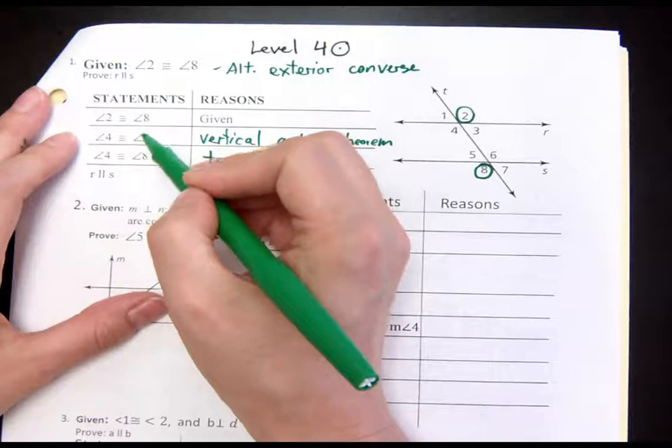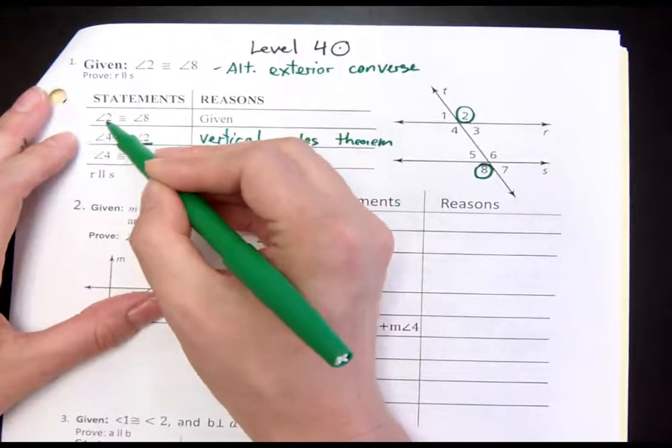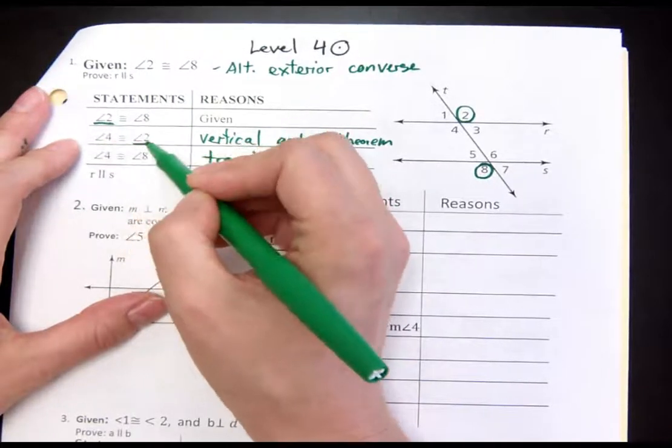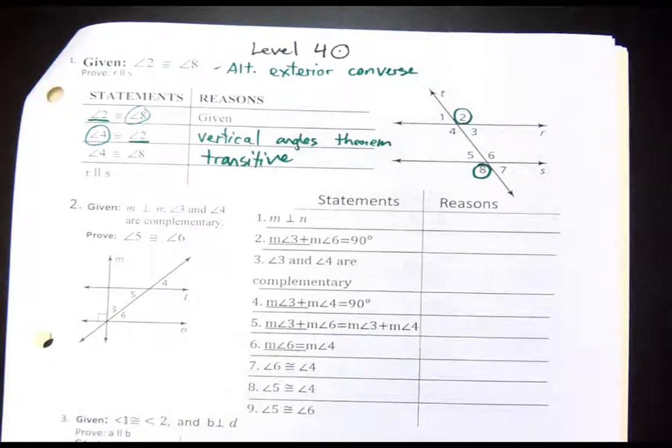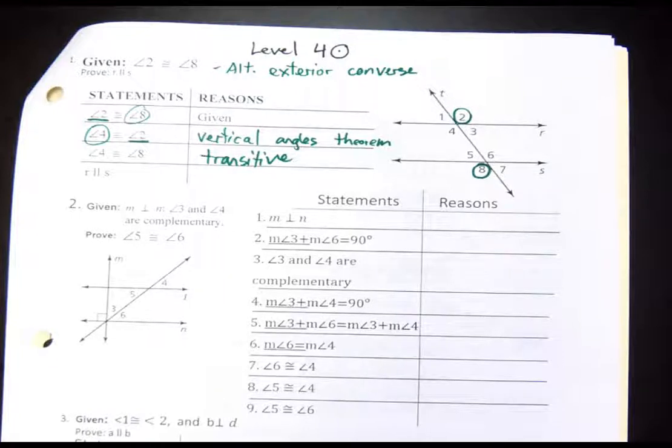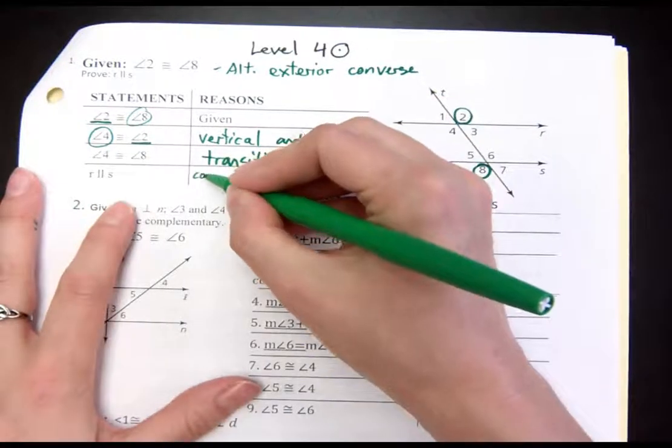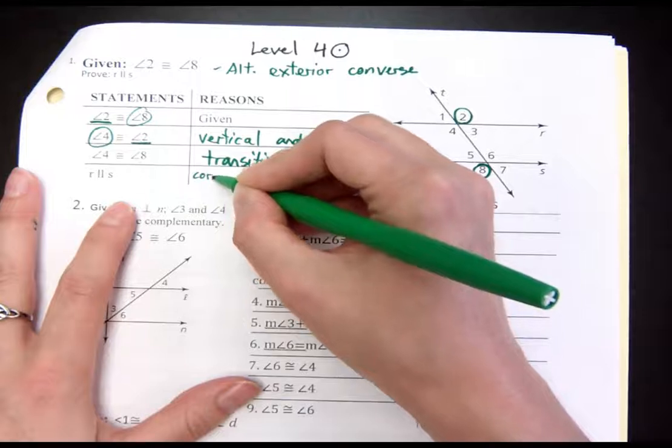Because angle 8 equals angle 2, angle 4 also equals angle 2, so therefore they equal each other. And so 4 and 8 are what type of angle pair? Yeah. And so this would just be our corresponding.